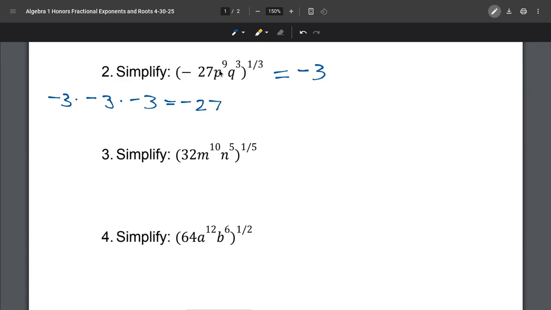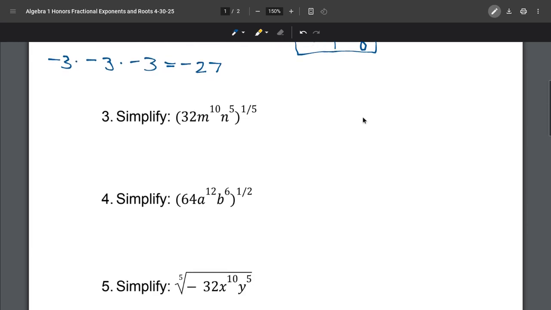The cube root of p to the 9th is p cubed, because p cubed times p cubed times p cubed equals p to the 9th. Another way to think of that is we're raising a power to a power. So 9 to the 1/3 power, you multiply them, so 9 times 1/3 is 3. And then q to the 3rd power raised to the 1/3 power is q to the 1st power, or just q. So my answer is negative 3 p cubed q.